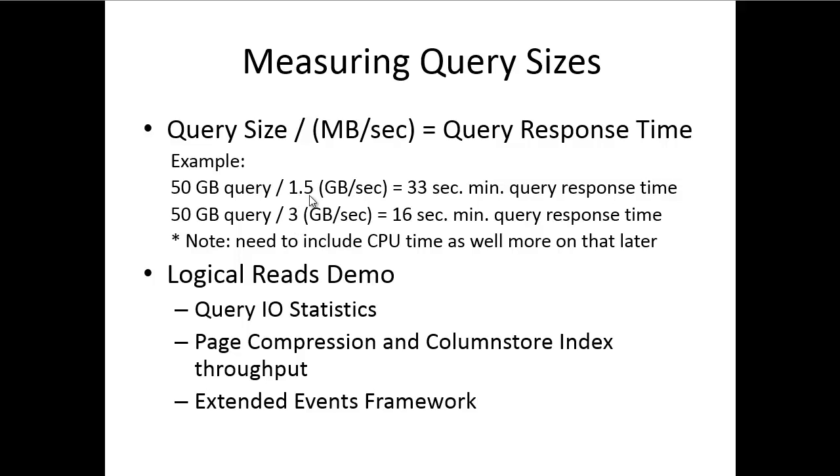Instead of 1.5 gigabytes per second, it needs to be 3 gigabytes per second. So the same 50 gigabit query divided by 3 gigabytes per second yields a minimum query response time of 16 seconds.